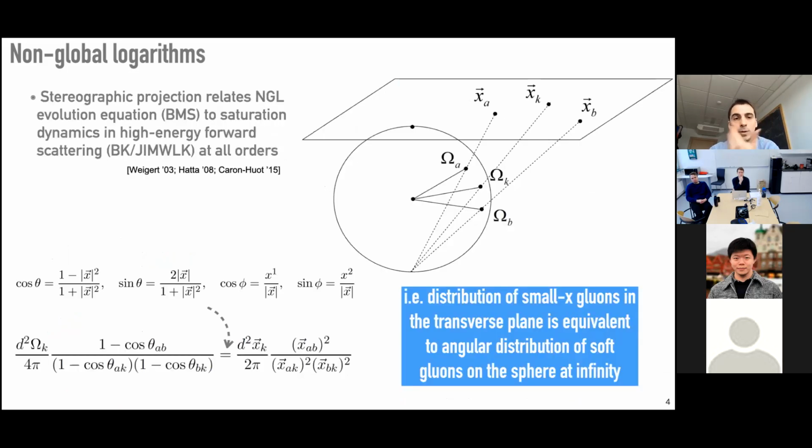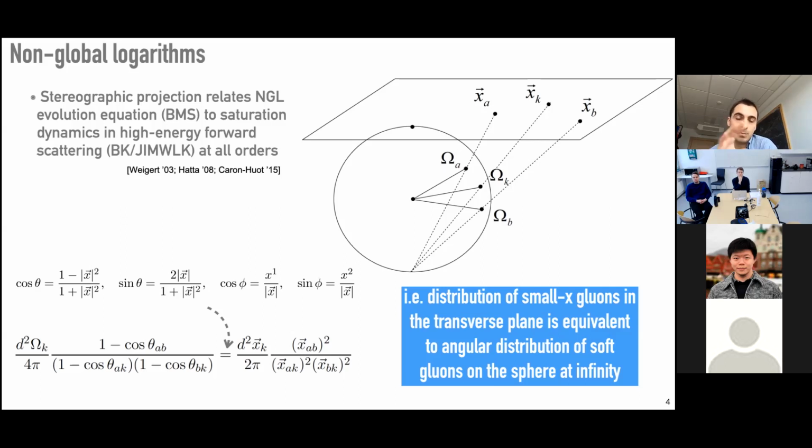A final, more formal reason why these observables are interesting for us is that the dynamics that describes the evolution of soft gluons at wide angles with respect to the hard scattering process, which is behind the existence of non-global observables, is connected very intimately with the high energy behavior of scattering amplitudes that is described by the so-called JIMWLK equation.